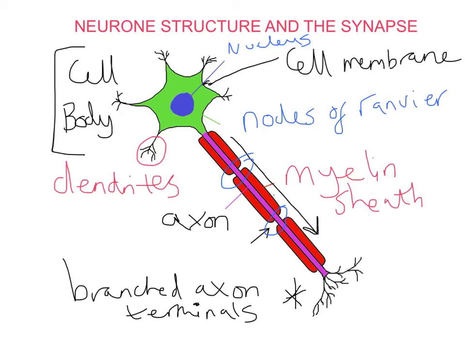Now if I just go to a new page, just for a moment, so let's just insert a new slide. What I want to do is show you how these nerves relate to one another, and it will help to explain the job of the dendrites and axon terminals. Let's just take a very quick sketch. Here's the cell body, here's some dendrites, here's the axon coming off one, and here are some branched axon terminals coming off the axon.